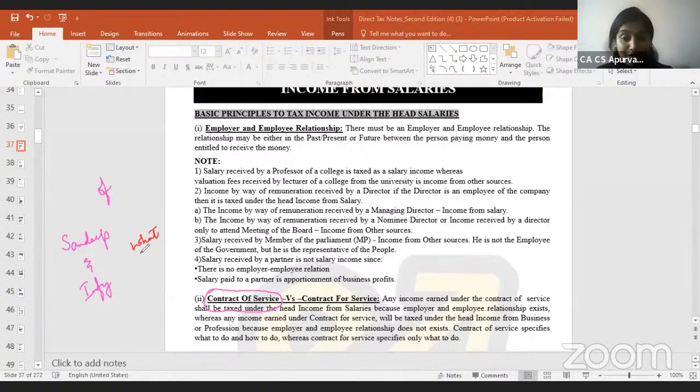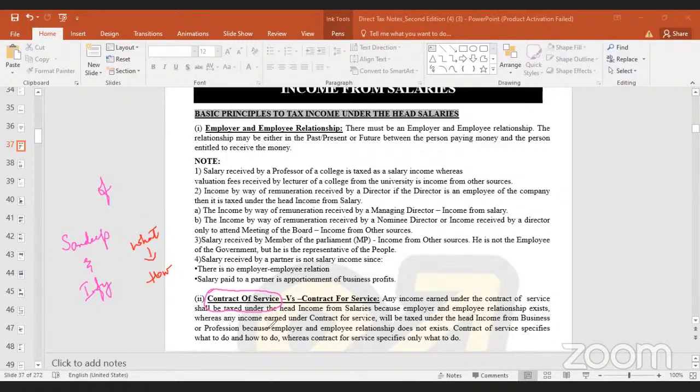And Infosys also tells him how to carry out this work, what to do and how to do. That's why, when the concept of what to do and how to do exists, it is going to be chargeable to tax under the head income from salaries.